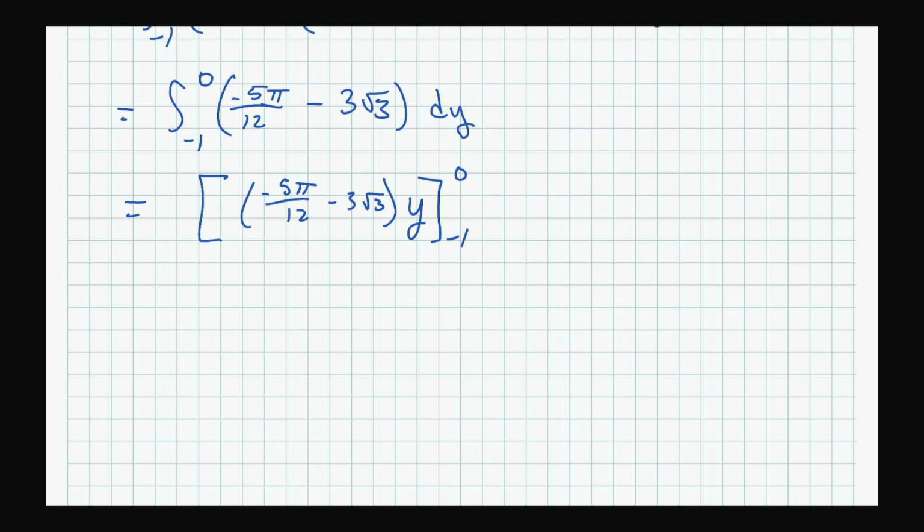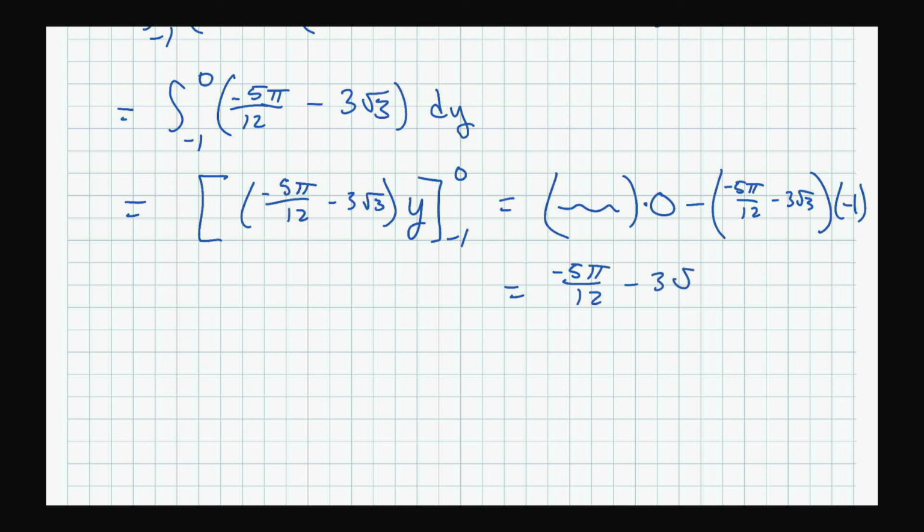So put in the 0, and you're going to get nonsense times 0, minus, put in the -1, you're going to get negative 5 pi over 12 minus 3 root 3 times -1, which is going to be just simply negative 5 pi over 12 minus 3 root 3.